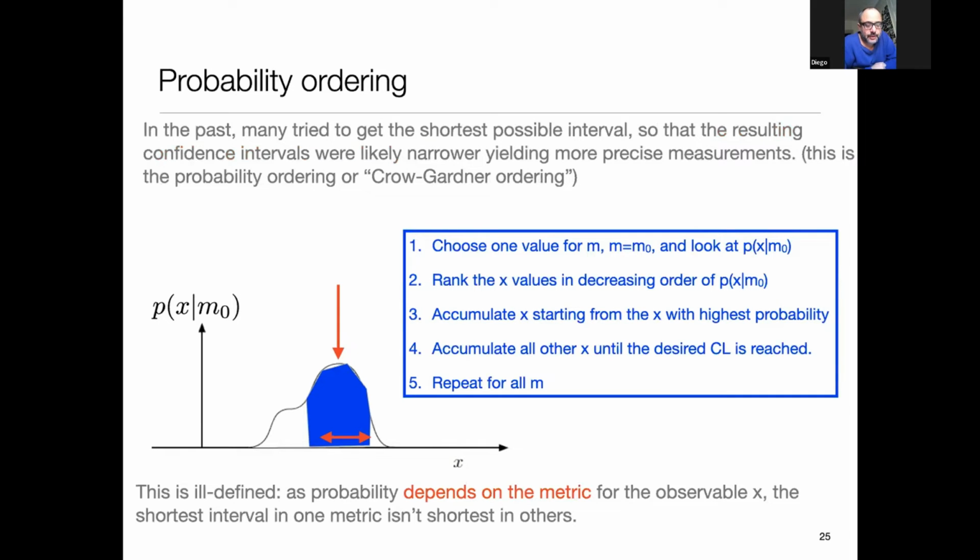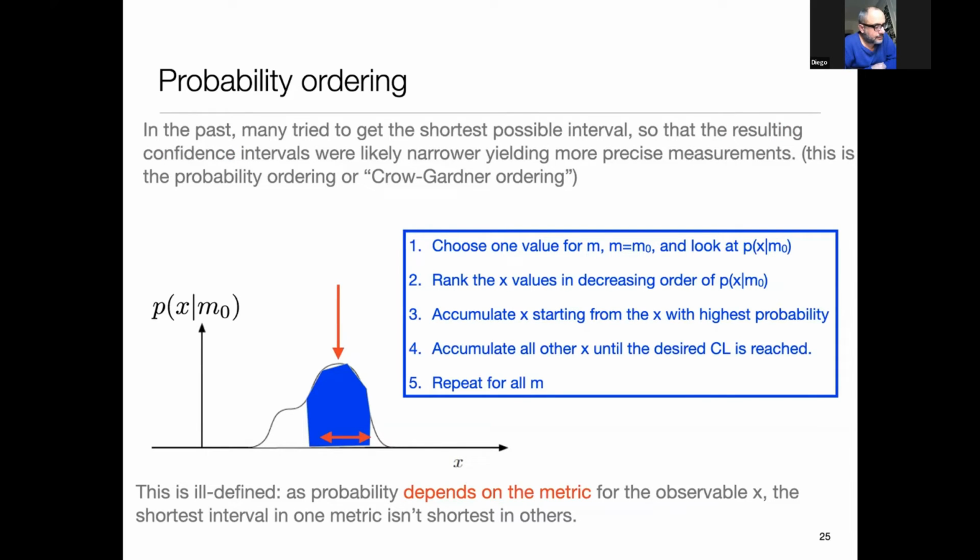And then it's obvious to ask yourself, well, if it's arbitrary, is there any particularly useful criterion I can use? Well, in the past, for various years, people have used the so-called probability ordering.